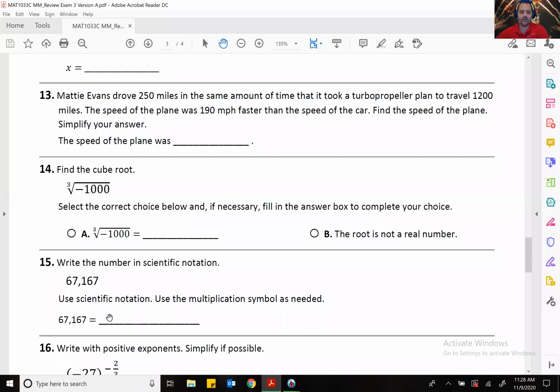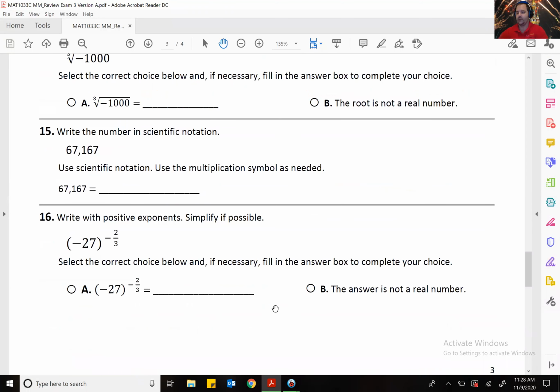So in your blank, you'll put 6.7167 times 10 to the 4th. All right, number 16. We have negative 27 to the negative 2/3. How can we figure out the answer?